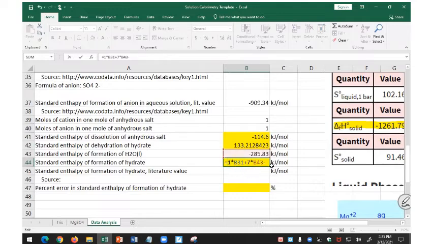So that minus the delta H of dehydration of the hydrate. Is that right? Okay, so minus 3395 kilojoules per mole.